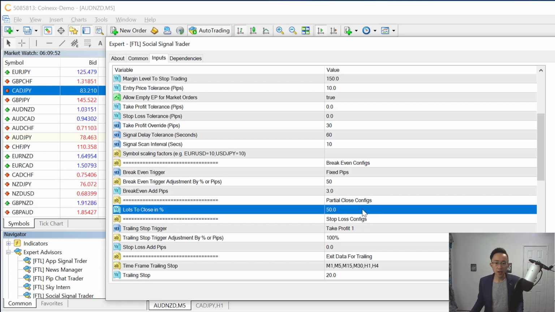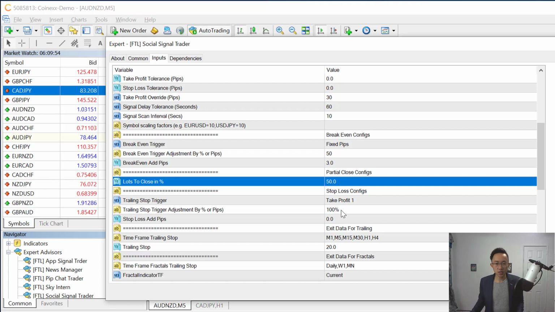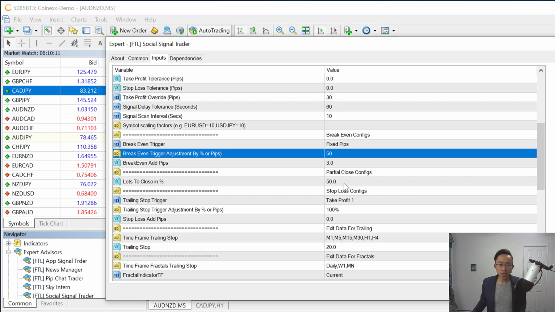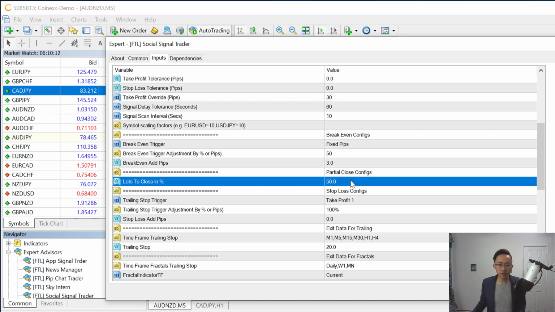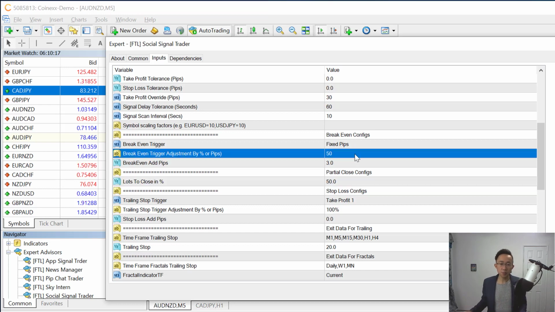Just type in 50, 50% of my lot size, and that's how you set it. So in this case, you know that you will pocket some money because it reaches 50 pips, and you partially close 50% of your lot size. So half of your lots basically made 50 pips.